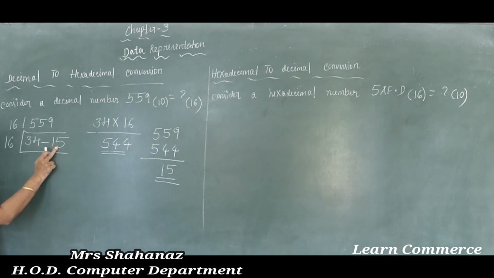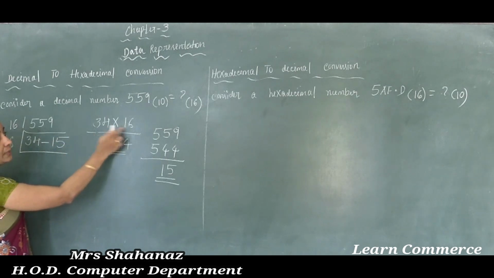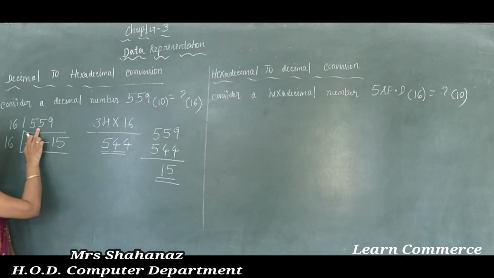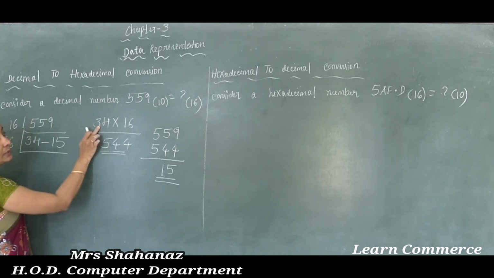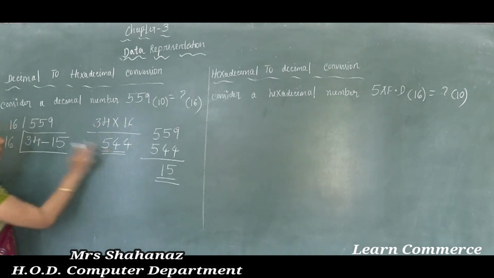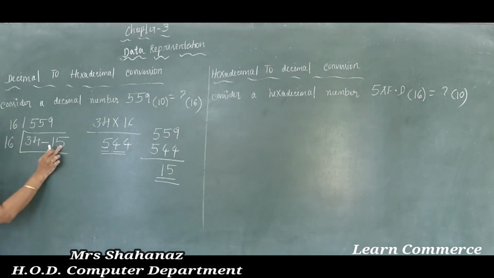Did everyone understand? Because if we multiply by 35, the value will be more than 559, so it goes 34 times. 16 into 34 is 544. So quotient 34, remainder 15.